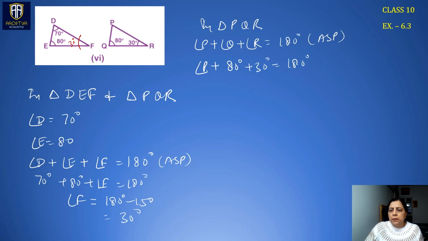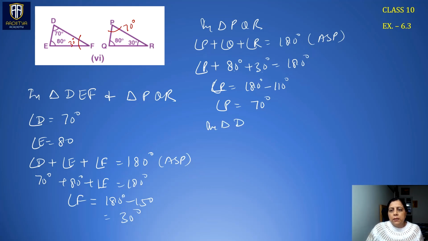This is 180. So angle P becomes 180 minus 80 and 30, which is 110, so angle P is 70 degrees. Right? Now I am marking here angle P is 70 degrees. Right? Now we start comparing.